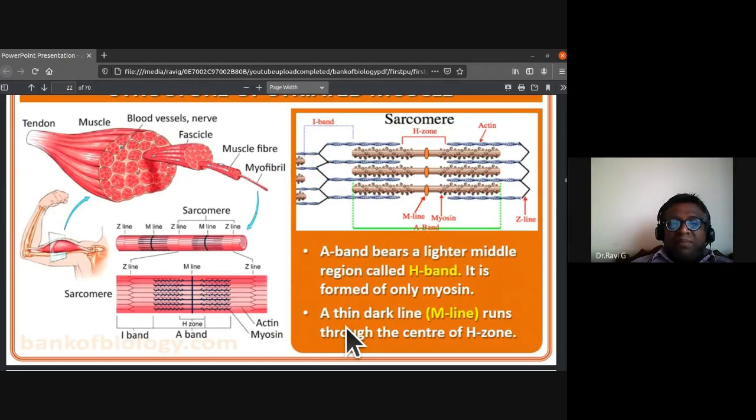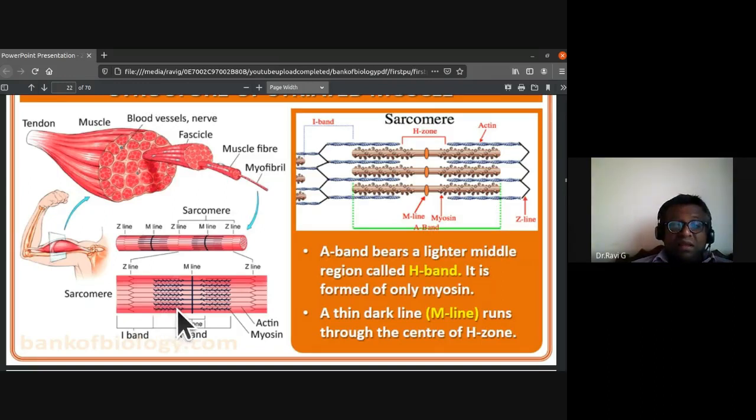The A band, or anisotropic band, bears a lighter middle region called the H band. This H zone is formed of only myosin. The light bands or isotropic bands are made up of only actin, and the anisotropic band is made up of both actin and myosin.